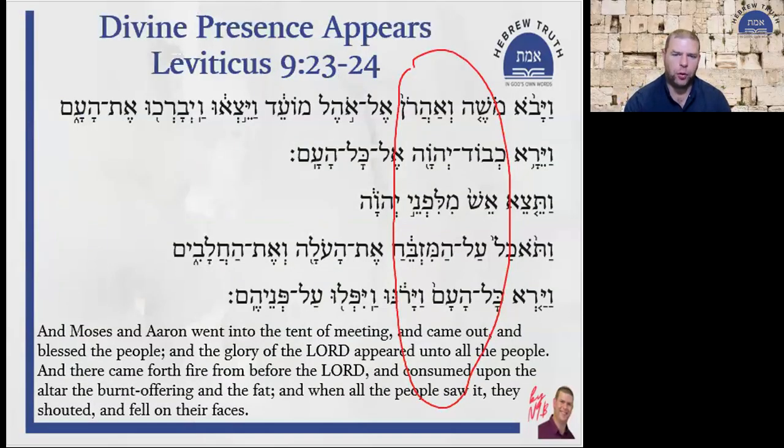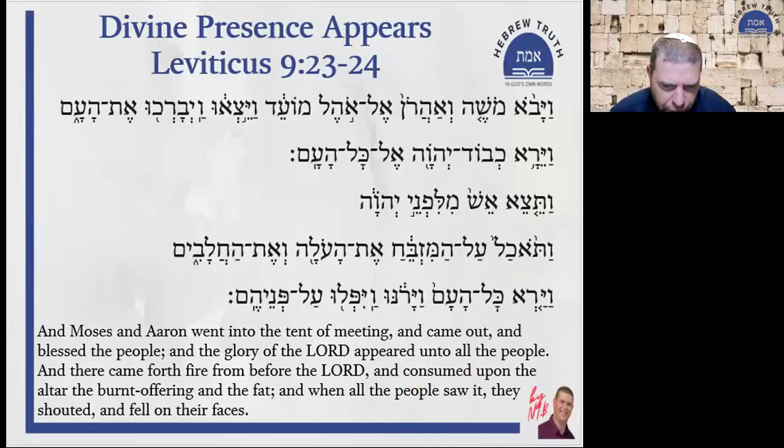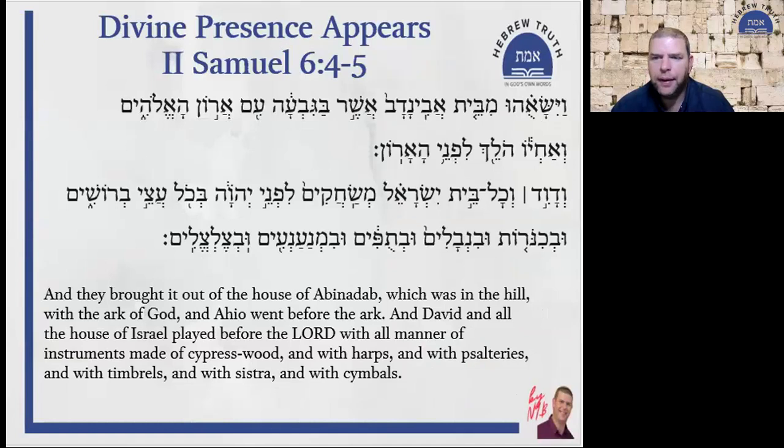So we've talked about these verses. Again, the context is how the divine presence appears in the inauguration of the tabernacle, and the corresponding verses in the Haftarah is the presence of the Lord with the Aron, with the ark.